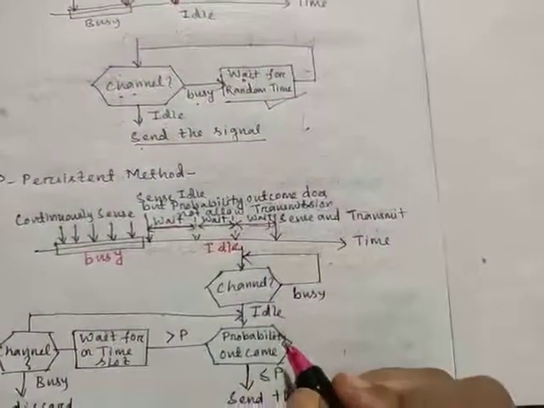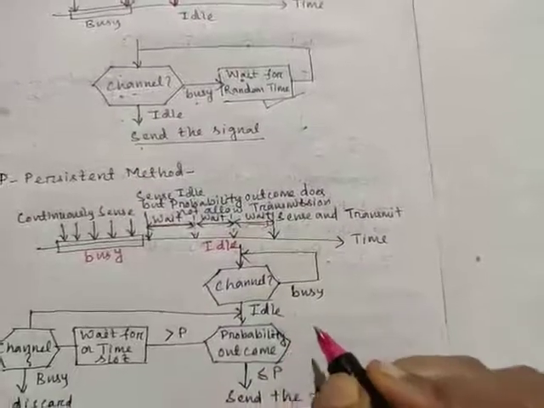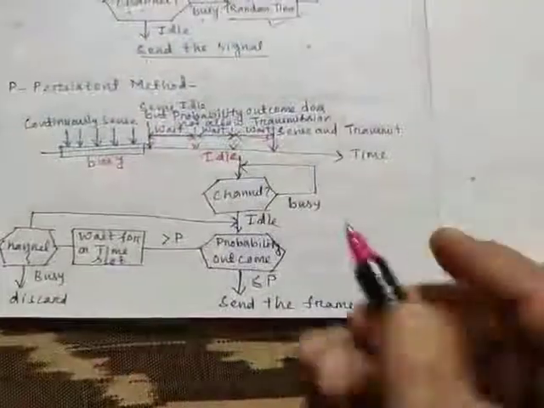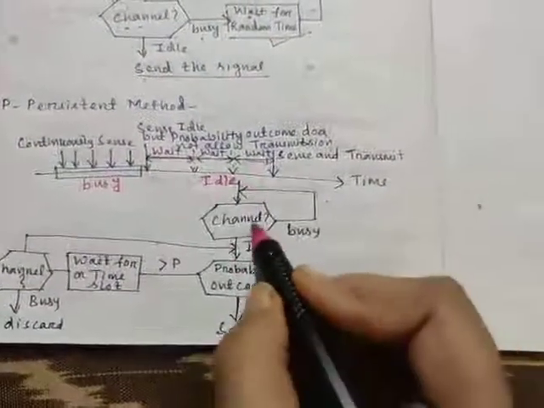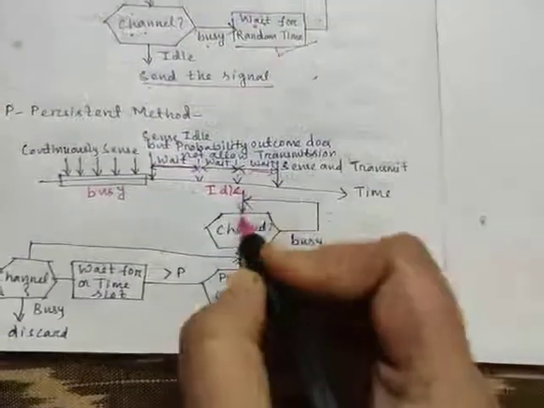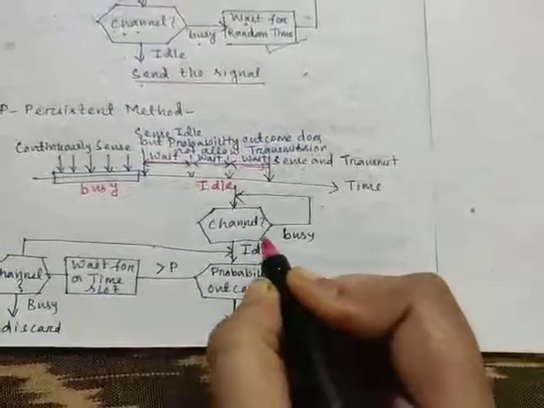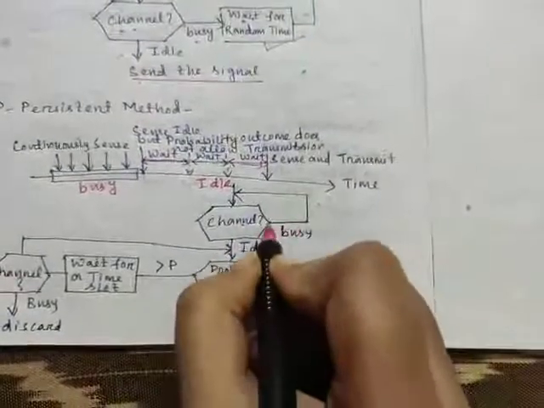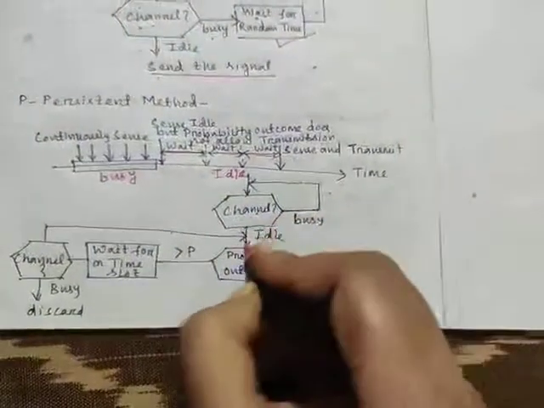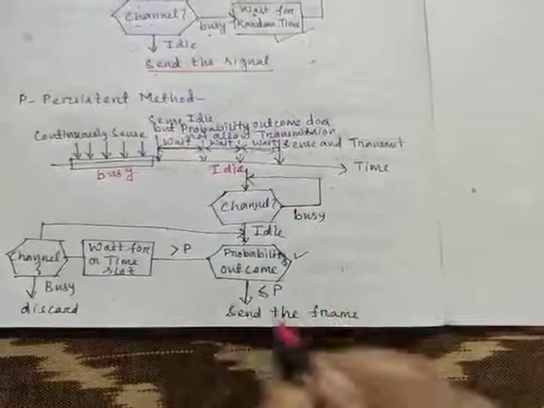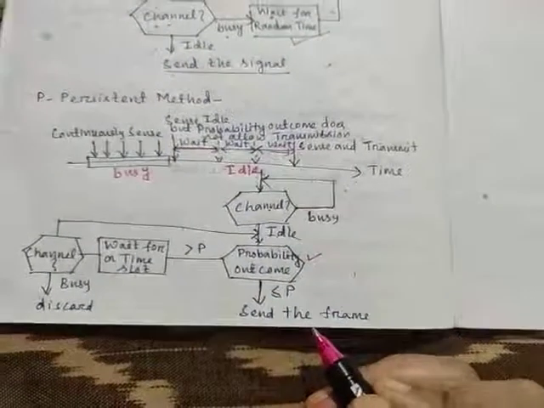For proper understanding of the P persistence method, let's see the logic diagram. Here the channel is sensed by the station. If it is busy, then the normal process is started. If it is idle, then another logic is used, that is the probability outcome.